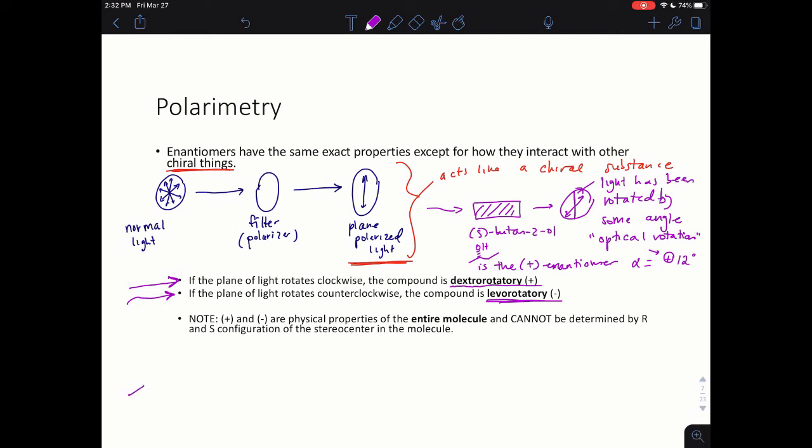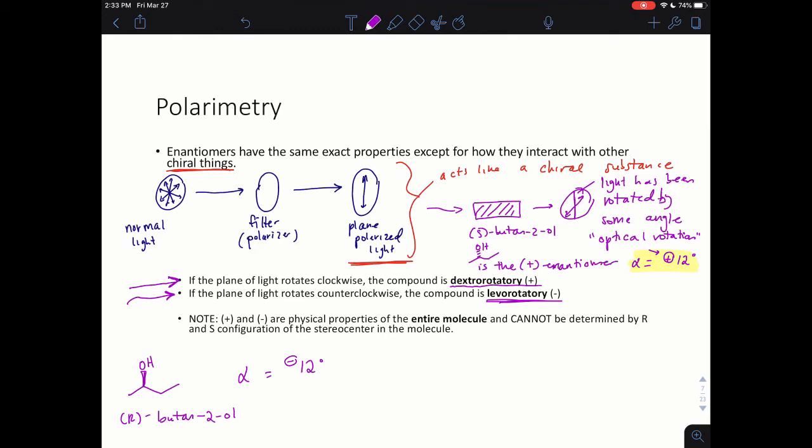Let's tackle R-2-butanol first. So here is R-butan-2-ol. If S-butan-2-ol has an optical rotation of positive 12 degrees, R-butan-2-ol will have an optical rotation of minus 12 degrees.